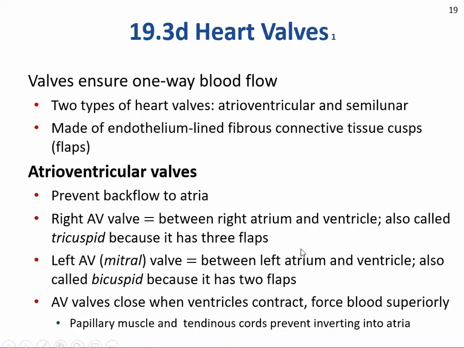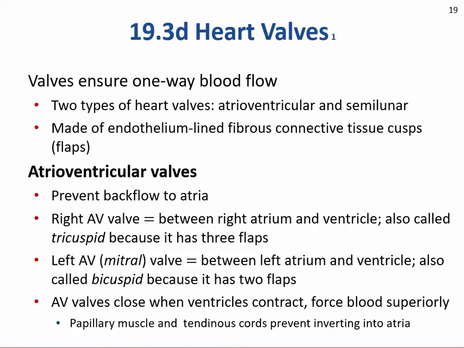The AV valves I've just talked about, they close when the ventricles contract. Now, you can imagine that the pressure on these valves gets very high because the ventricles are contracting with enough force to push blood everywhere in the body, especially on the left side. And these cusps, these little flaps on the valves, are very thin. They fill up with blood like a parachute, and there's a possibility that they could blow through backwards.